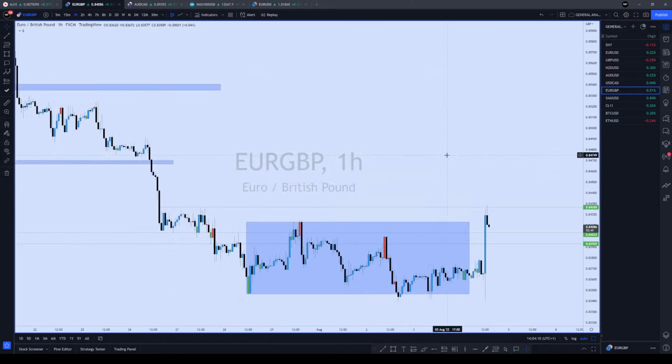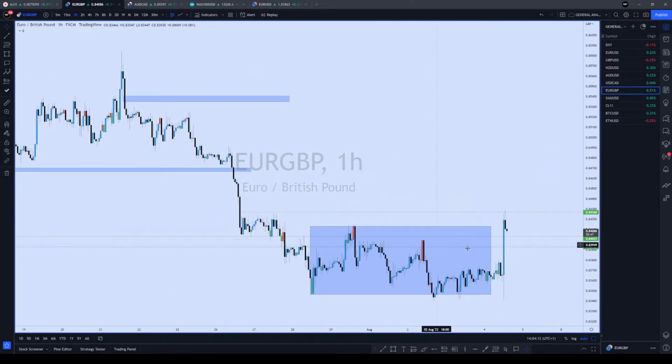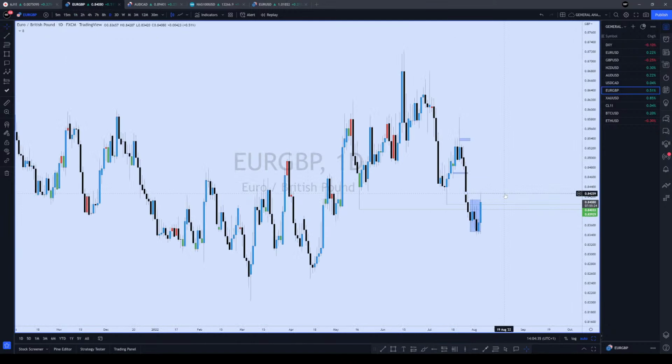Euro pound, it did exactly what I was looking for. In the morning I mentioned that if I was to pick one side that is going to go, I would look for it to go and attack this equal high, right? And that's exactly what it did. Now moving forward, it might be coming back down, but it's going to depend on how this day is going to close.